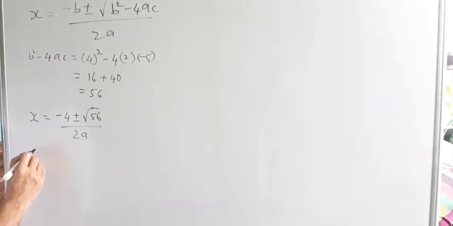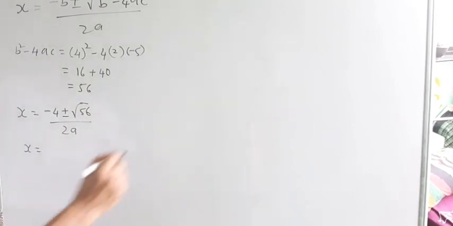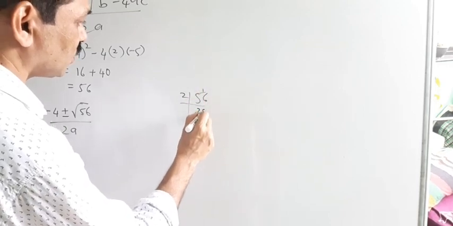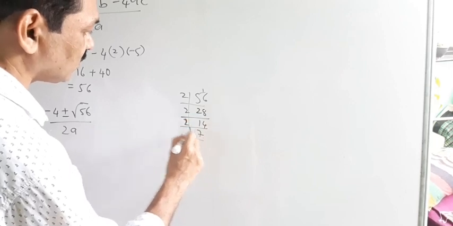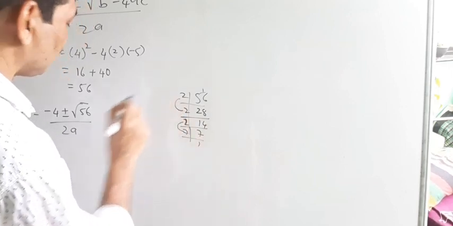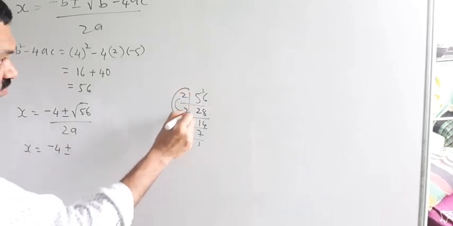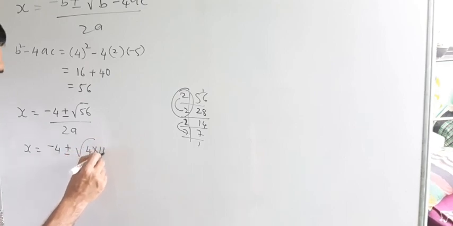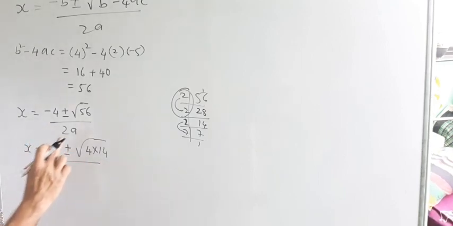And therefore, substituting here, x is equal to minus b, minus 4, plus or minus root of 56 upon 2a. This is not a perfect square, so we'll factorize 56: 2 times 28, 2 times 14, 2 times 7. 14 4s are 56. So minus 4 plus or minus, this becomes a perfect square, root of 4 into 14, upon 2 into a, which is 2.